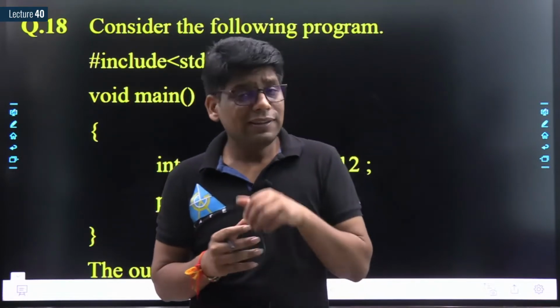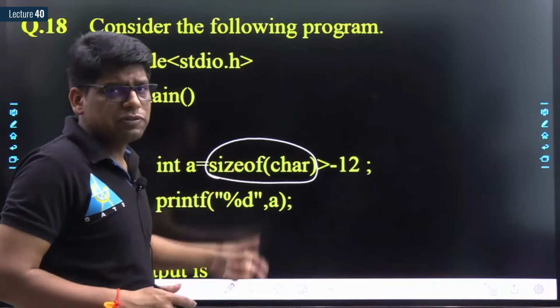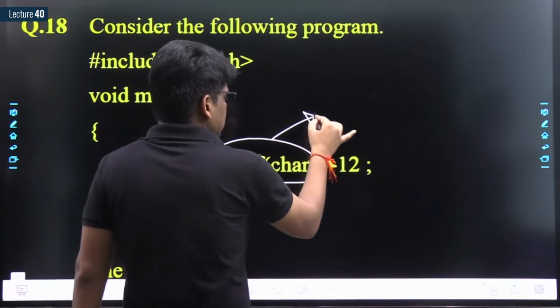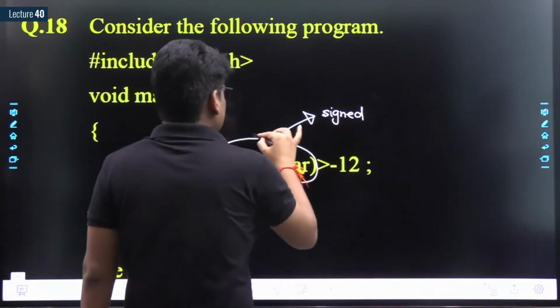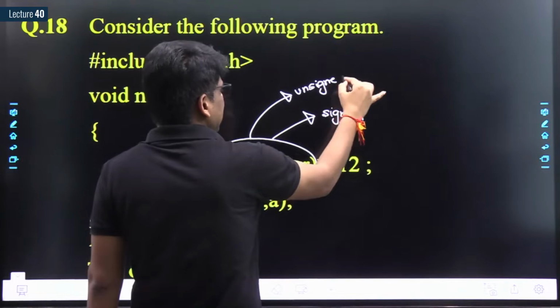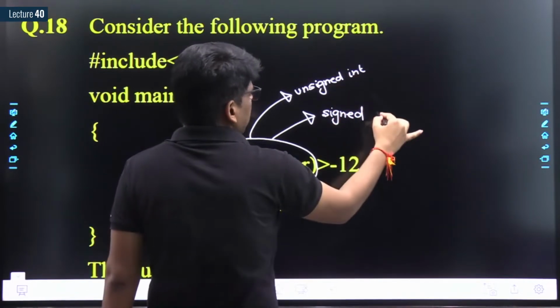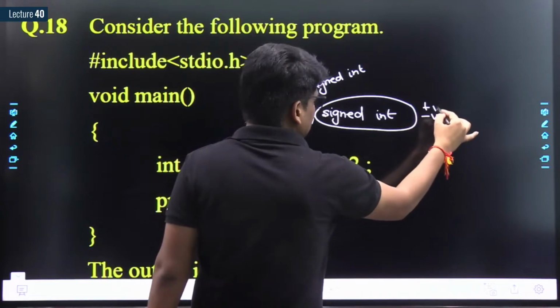No, sir. That means what should be the exact return type of sizeof? Should it be signed integer or unsigned integer? It must be unsigned integer, because it will never give you any negative value.